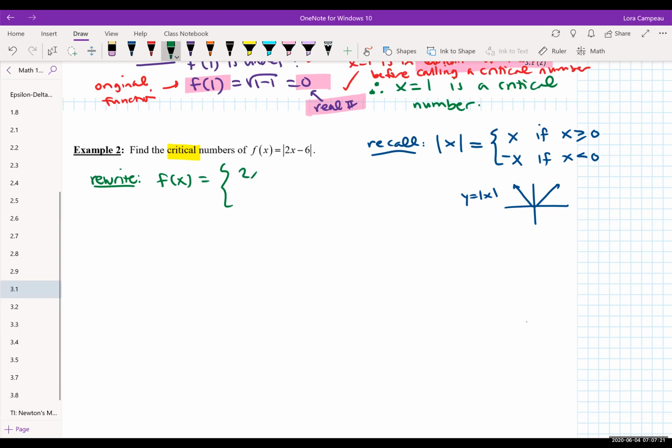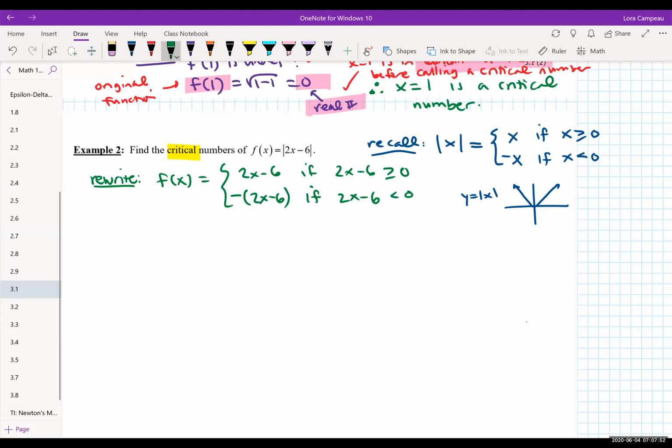I have 2x minus 6. That's the inside. That's the absolute value of x. And that's happening if the inside, 2x minus 6, is greater than or equal to 0. I also have the opposite of the inside, 2x minus 6, again, if 2x minus 6 is less than 0.